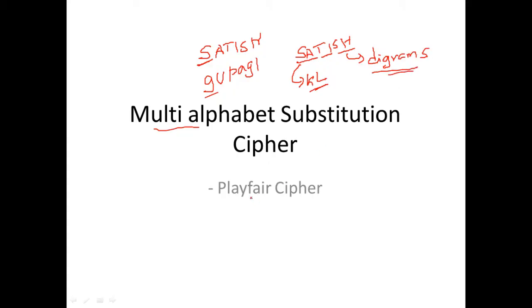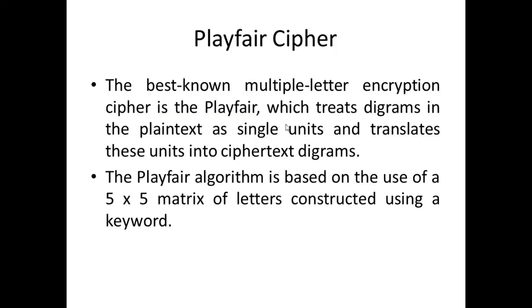In today's class, we'll be looking at Playfair Cipher, which works on the concept of digrams, that is, taking two alphabets and substituting them with another two alphabets or symbols. This is best known as a poly alphabet cipher, multiple letter cipher, or multi alphabet cipher.